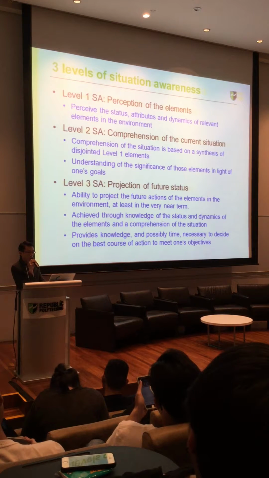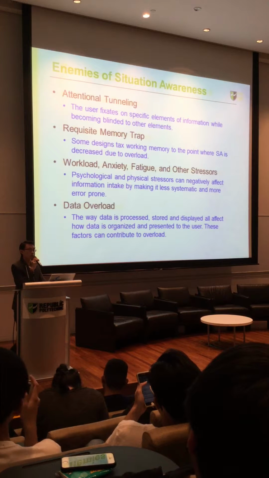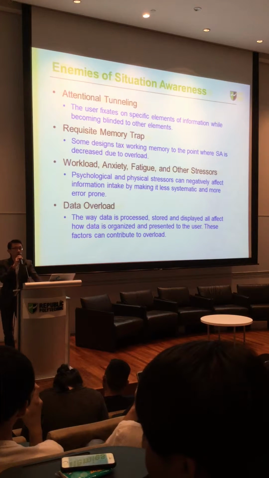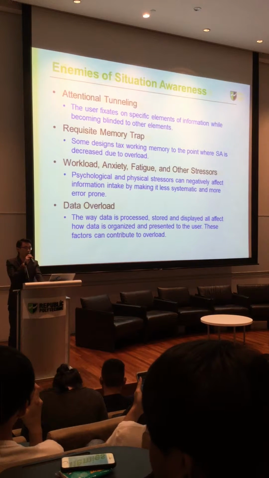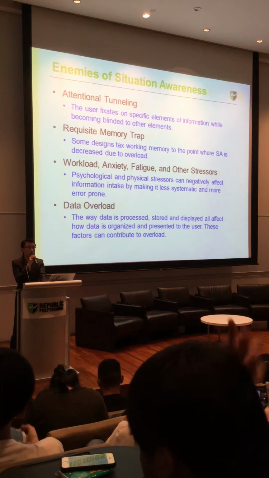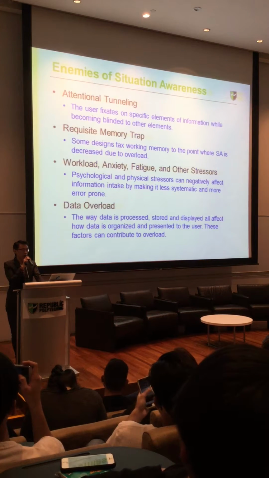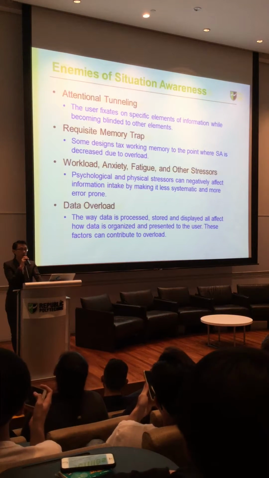So when you try to reach all the 3 levels of situation awareness, there will always be enemies, things that will stop you from getting there. The next 2 pages are all these enemies.